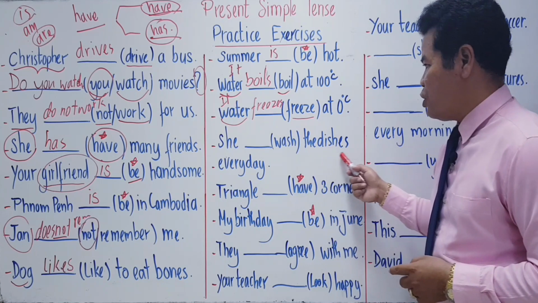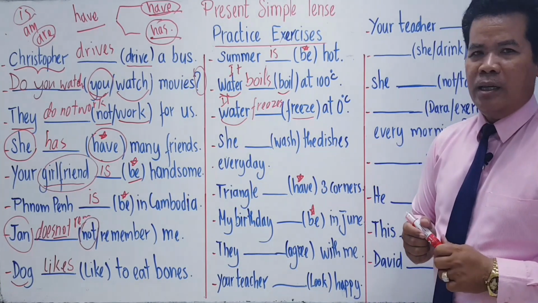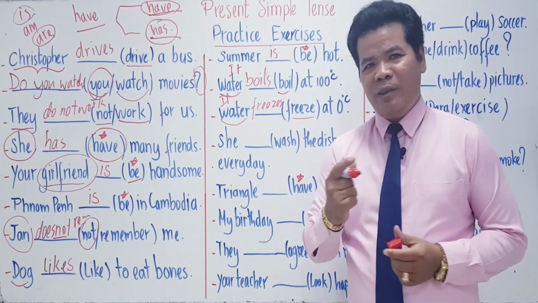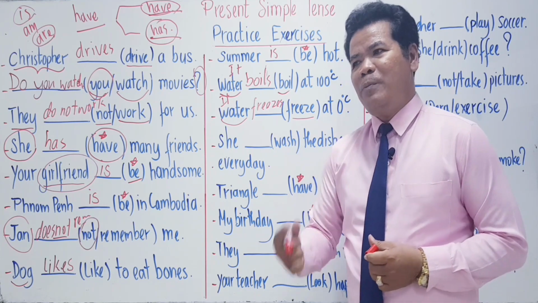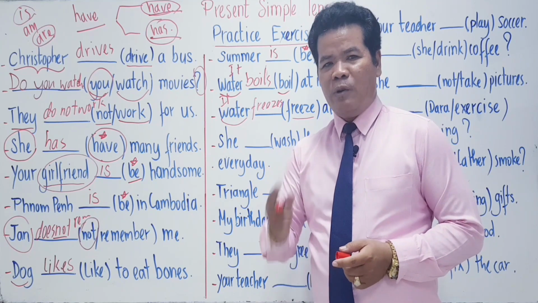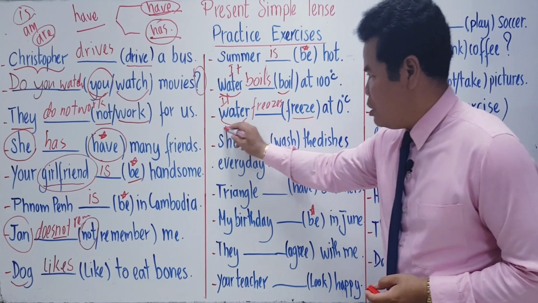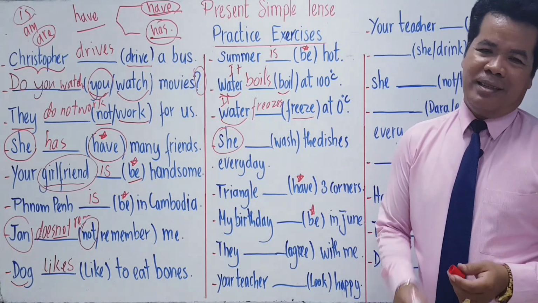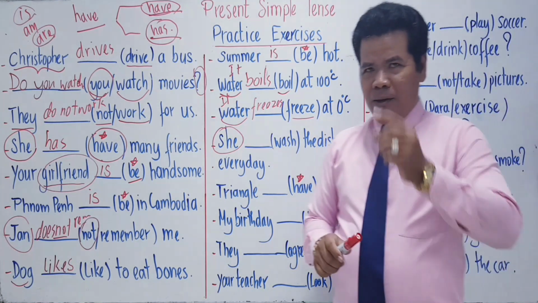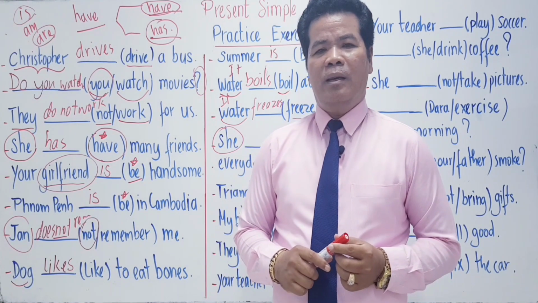She, wash the dishes every day. So the action happens regularly. Remember that? Action happens regularly in the present time. That's why we use present simple tense. Look at the subject. She? Yes. When you see the subject she, imagine the word S inside your head.